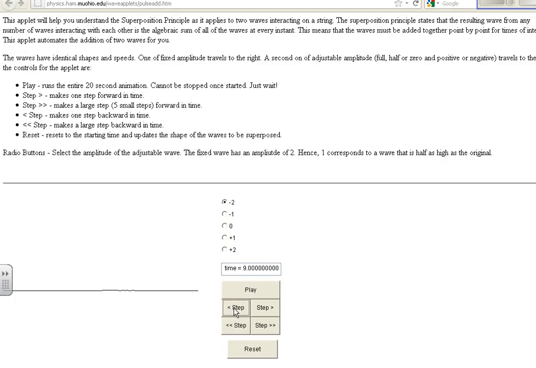If the two waves are pointing in the same direction, all right, now when they meet together, they will amplify. So you can see how there's an amplification of the wave if the two happen to meet together in this way.